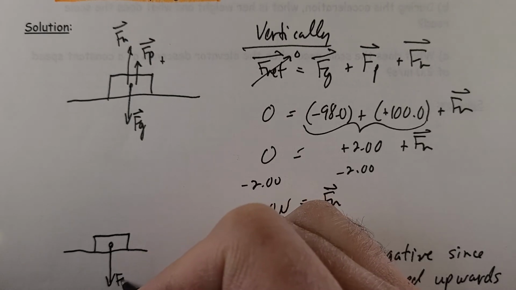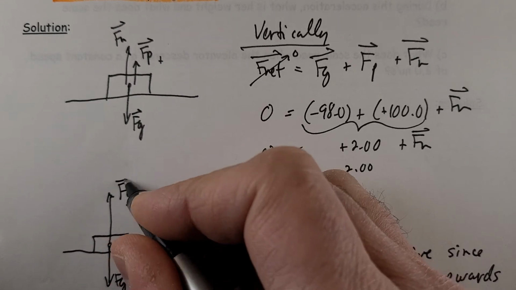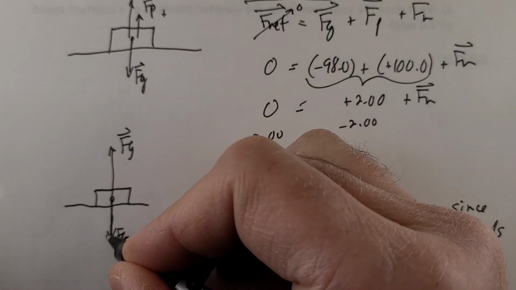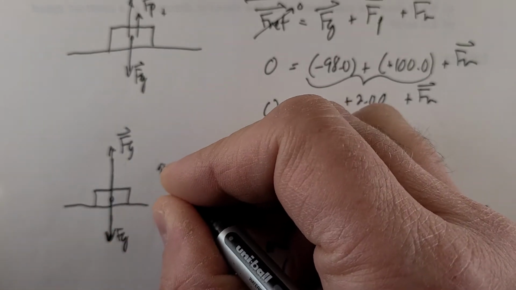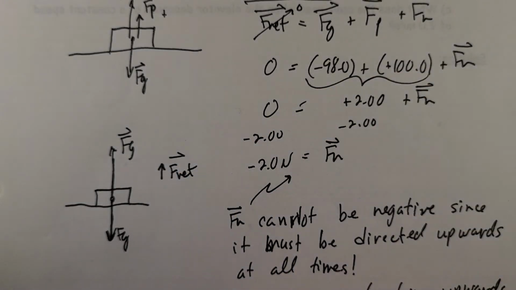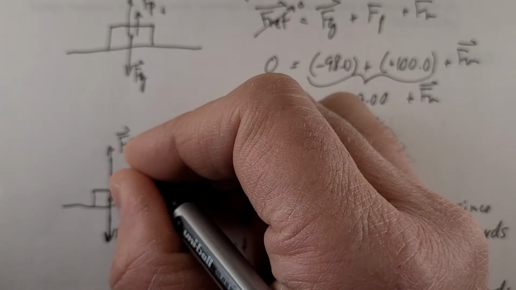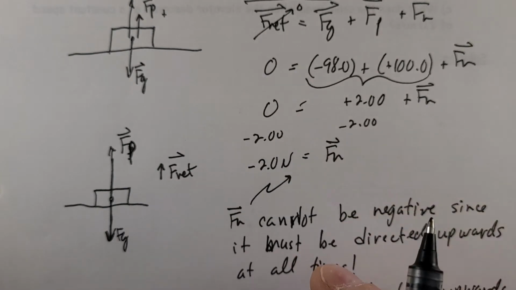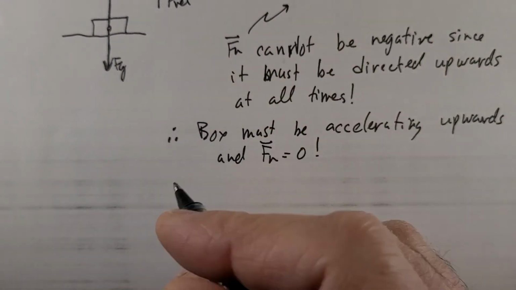So if I think of it like this, I have my Fg pulling downwards, and I have my Fp. Notice I draw it a little bit larger here. So this Fg force will counterbalance this much, and then I'm going to have just a small Fnet pulling up overall. Oh, sorry, this is Fp, not Fg. So Fg will cancel with some of the Fp, and then I'll be left with a certain amount of force left over.